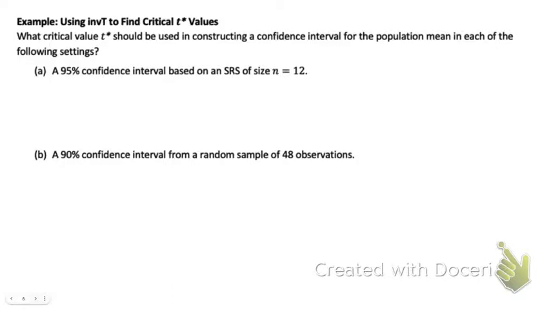Now check this out, you guys. I know this isn't on your paper, and that's totally fine. I want you to see something real quick. Go back to second vars, inverse T. Leave your area the same, but for your degrees of freedom, put in 20. So we're just going to up our sample size by only 9.